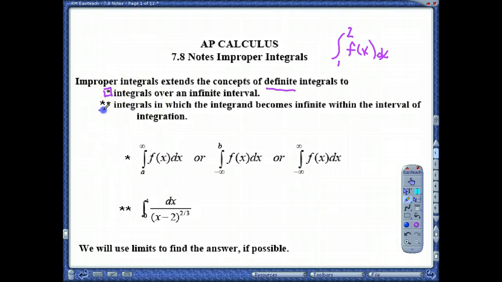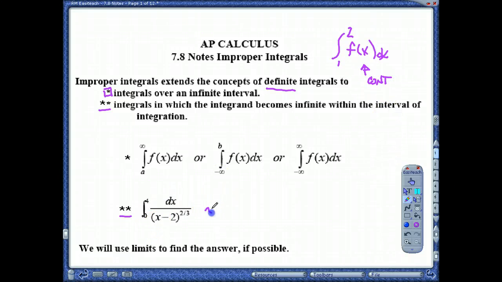The second type, integrals in which the integrand becomes infinite within the interval of integration, okay, just so we know what that means. When you look at the limits 0, 4, it looks like it is a normal definite integral. But remember, this guy has to be continuous on the interval.